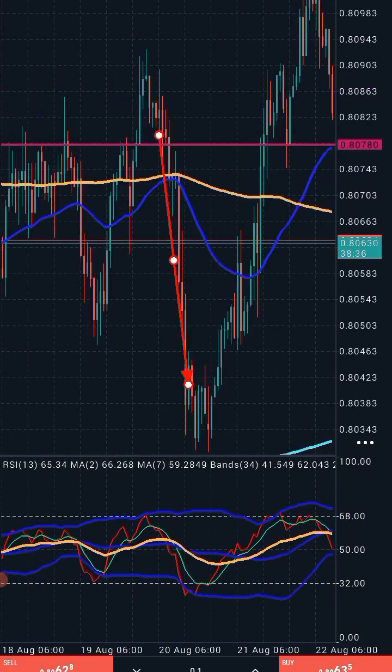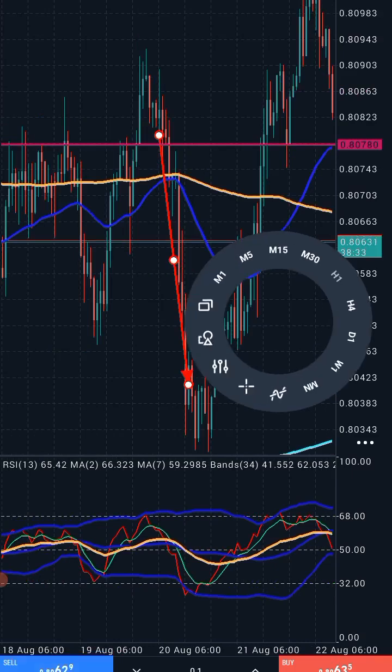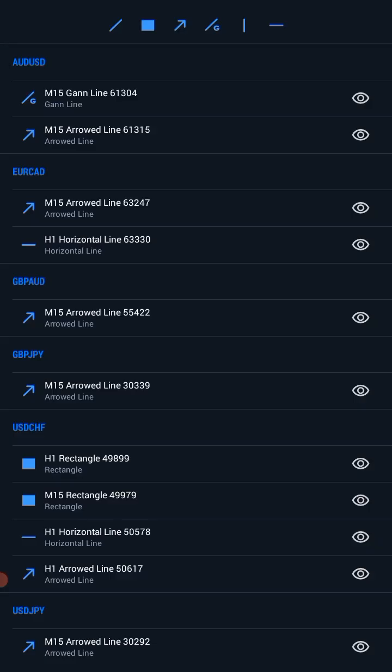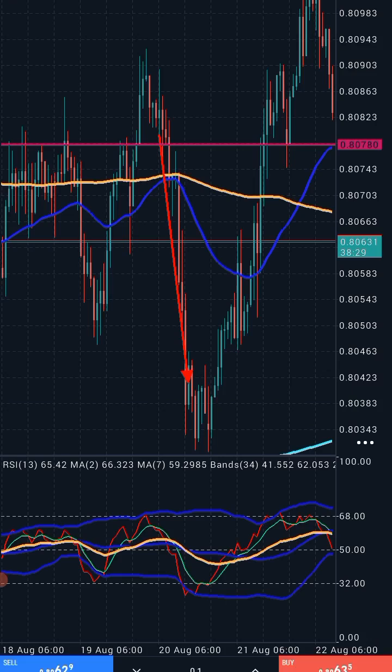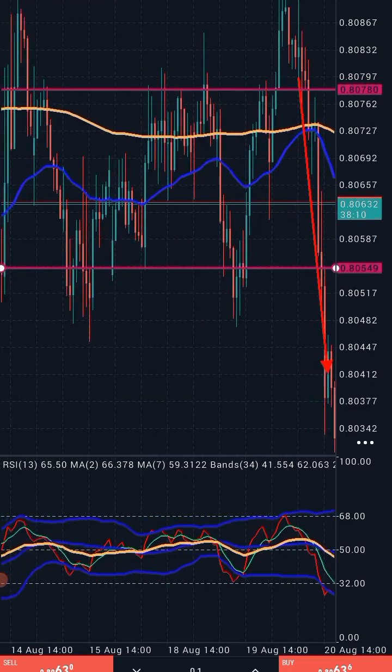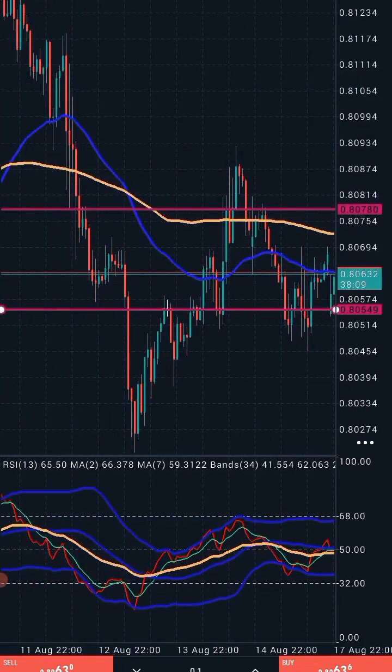Now, for you to be on a safer side, you should put your take profit at the end of the other support or resistance. Put your take profit at that location.